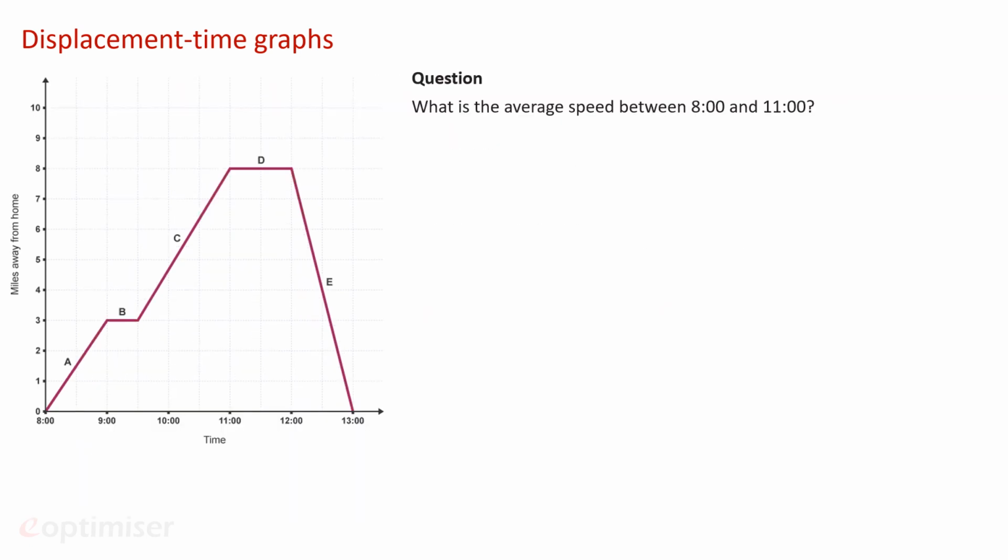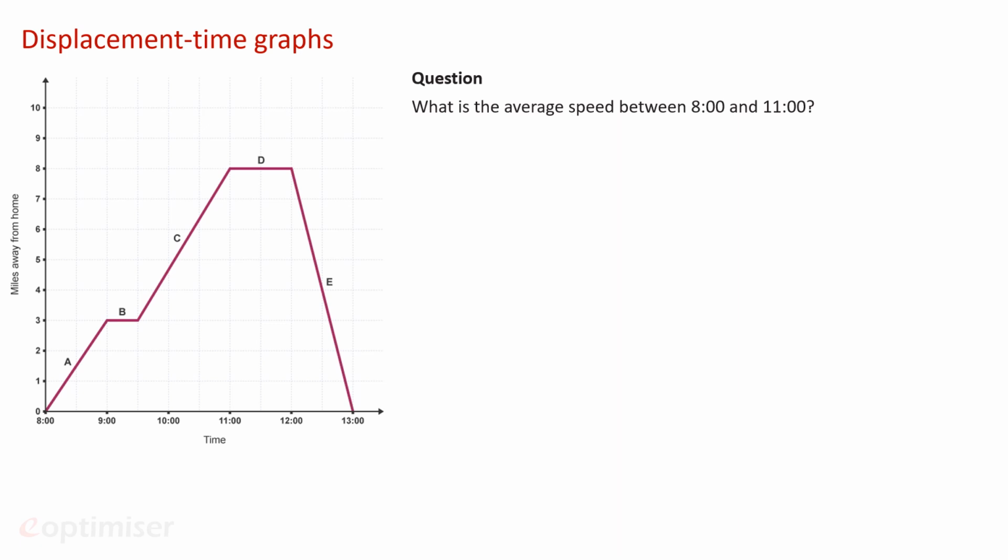With these graphs, they may ask you a number of questions. For example, what is the average speed between 8 and 11? At 11 o'clock you are 8 miles away from home.